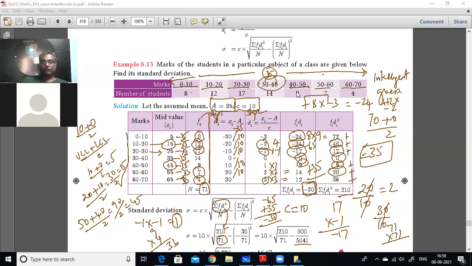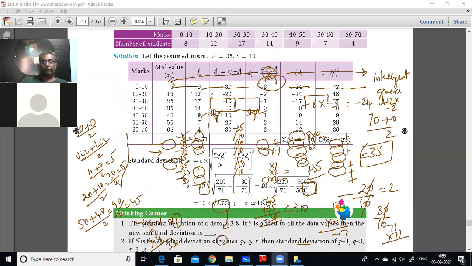Now what he has done, externally it is 10. So you multiply this by 71 and multiply this by 71.